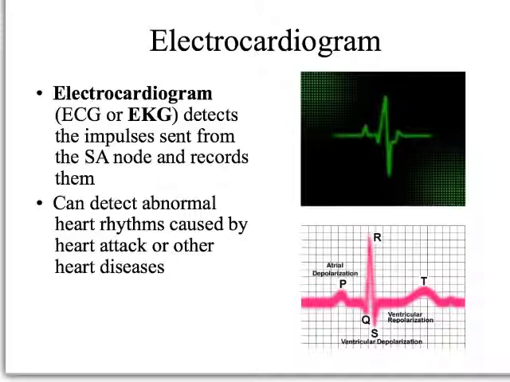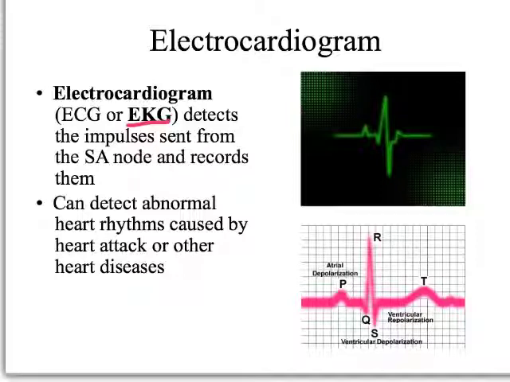So we humans have come up with a device that can actually pick up the signals from the SA node, and that's what we call an electrocardiogram. You probably have heard of it. The short name for it is EKG. It's going to detect the impulses sent through the heart and record them on a little piece of paper.